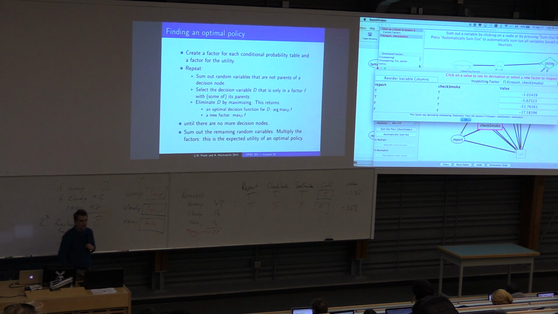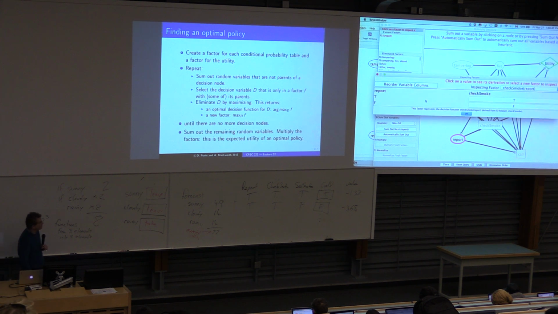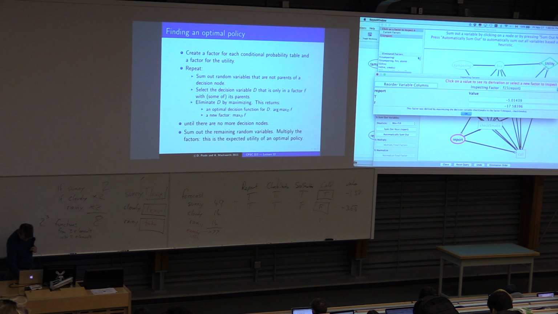Well, I'm not going to check for smoke. So if I eliminate this, you find that the policy is the one we just observed. The factor here is now a function on report.